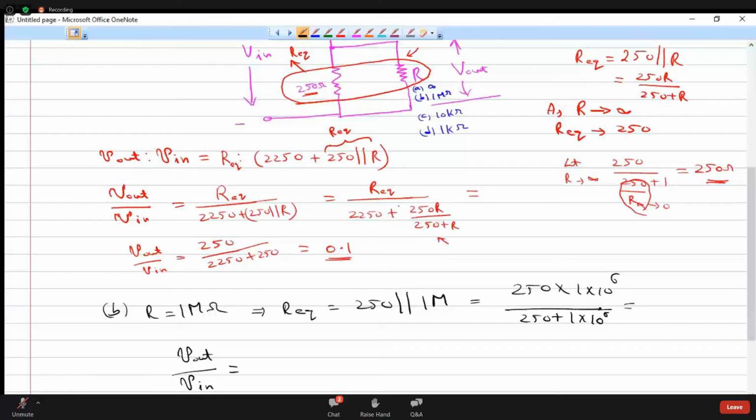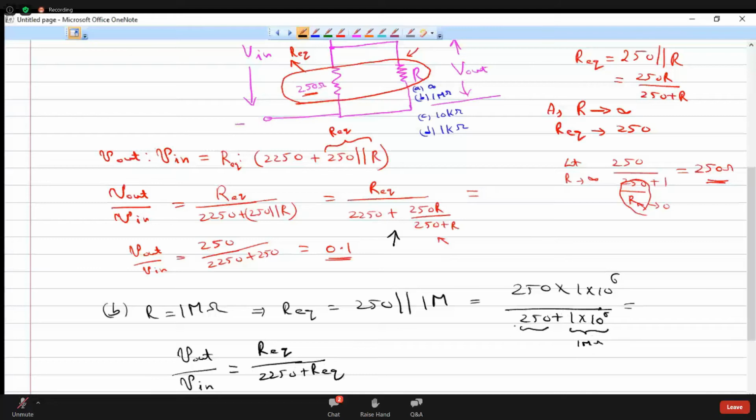Here also you can make that approximation. So this is the equation that we are going to use here: R equivalent upon 2250 plus R equivalent. So this is our R equivalent. This is 1 mega ohm, whereas 250 ohm is very small as compared to 1 mega ohm, right?